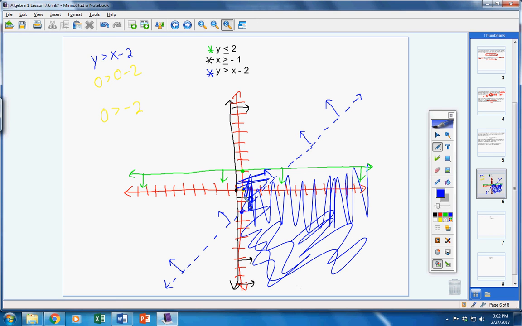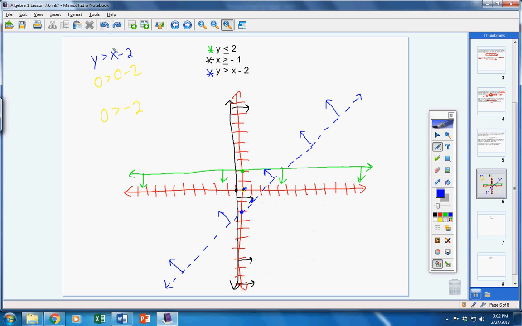The blue line is saying to shade above it. So the green line is saying to shade down. The black line is saying to shade to the right. And the blue line is saying to shade up. So the only area they agree in is right here. This area right here. Alright? And so there we go.